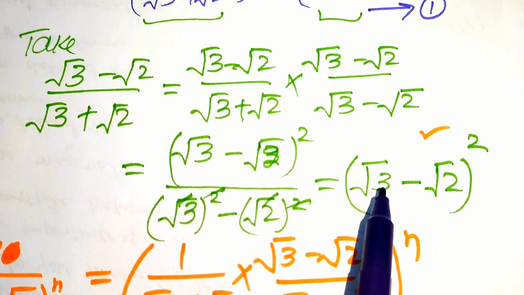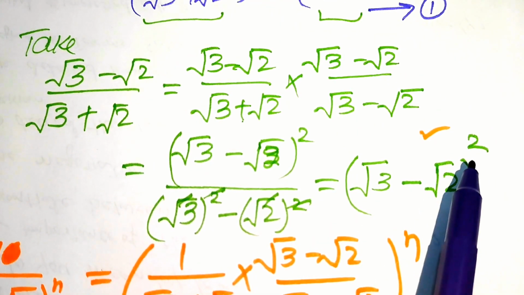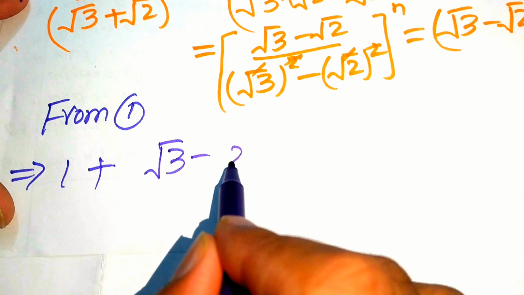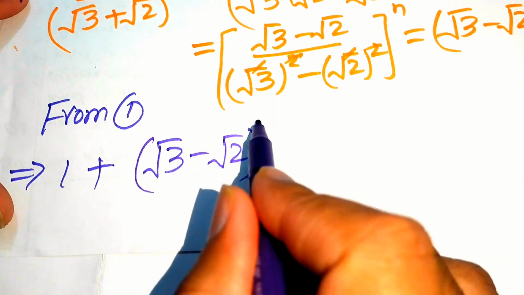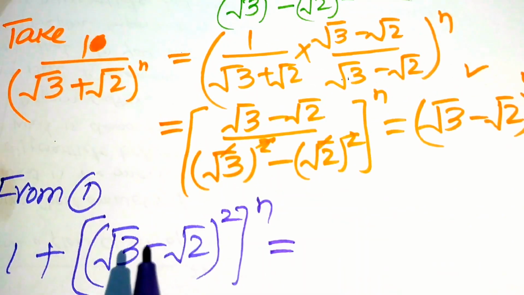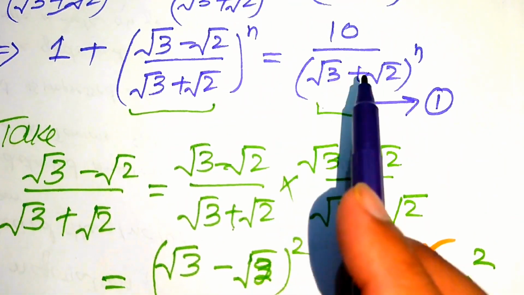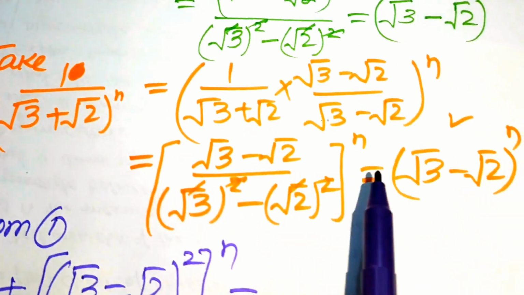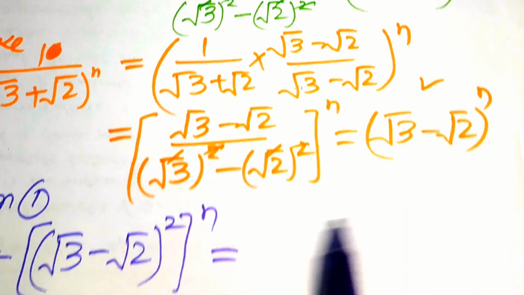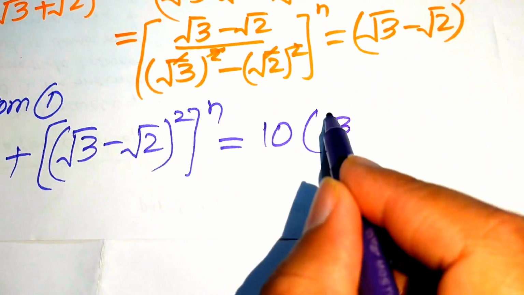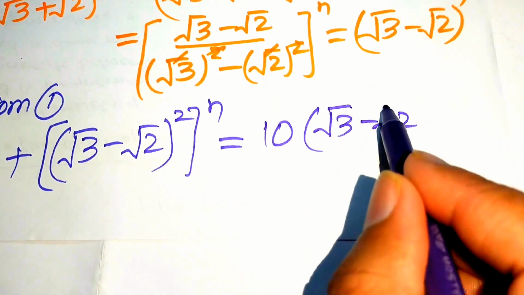When we substitute this value, it equals ((√3 − √2)^2)^n equals, in the right hand side we have 10 times this term, so we get 1 over this value equals (√3 − √2)^n. So it will be equal to 10 times (√3 − √2)^n.